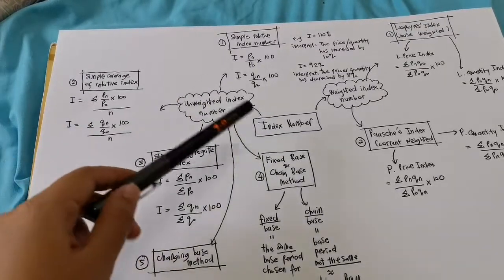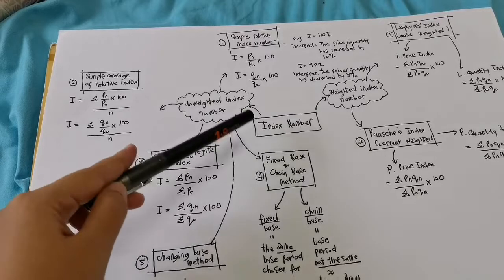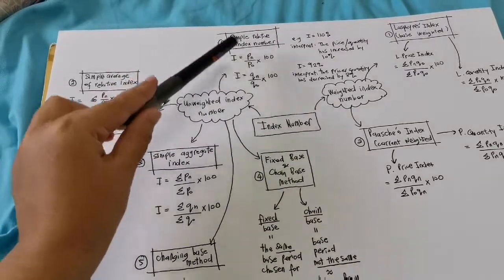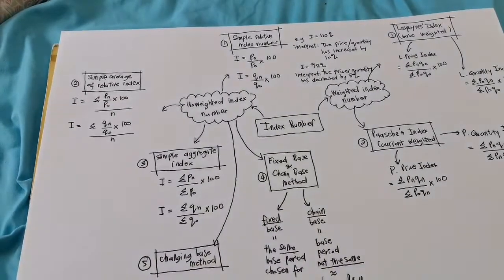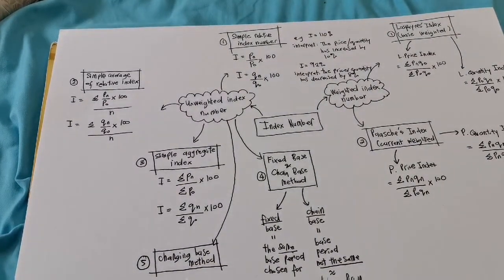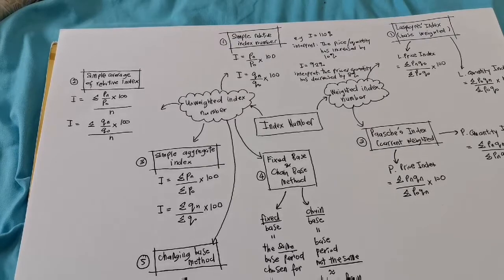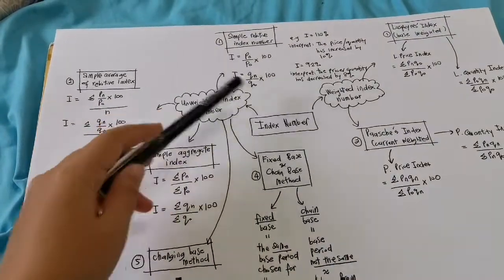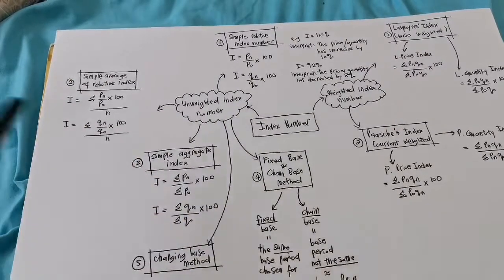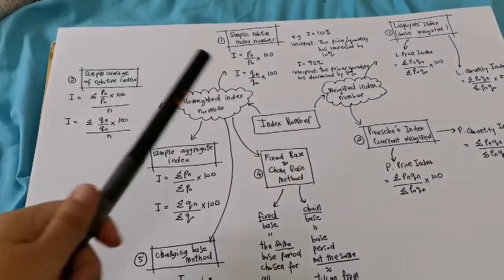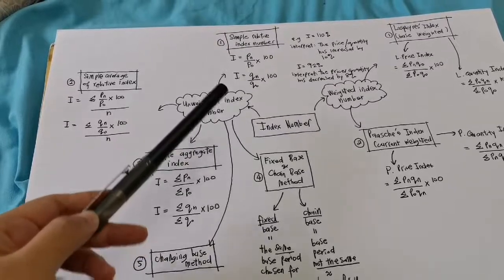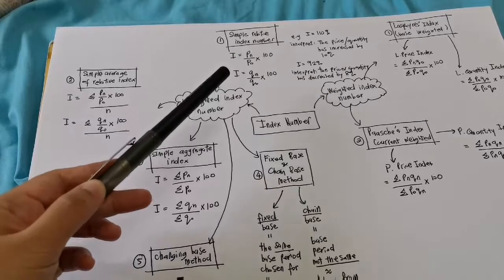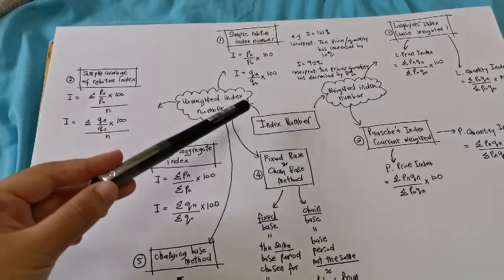The keyword here is simple relative index number. When it is just a relative index number, it involves only one item, either the price of something or the quantity of something. For example, the price of nasi lemak we just saw is an example of a simple relative index number.